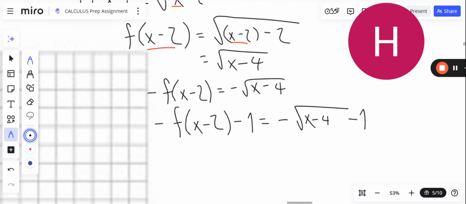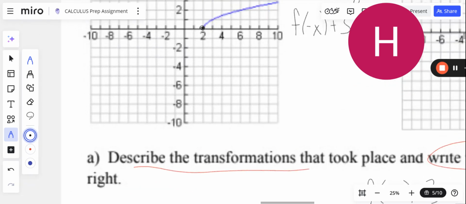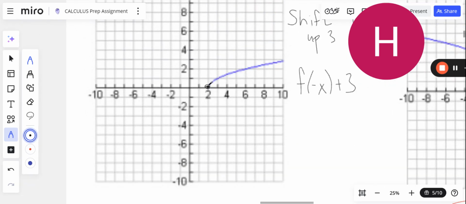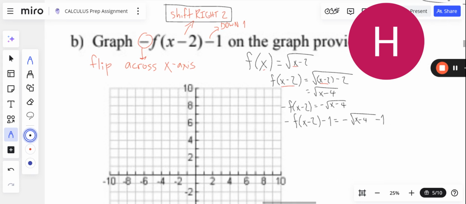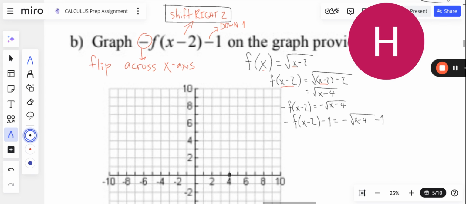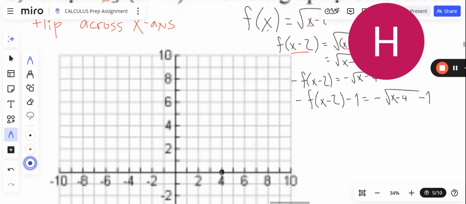So from the normal square root parent function, this is going to be shifted to the right by 4. But since the original function was already shifted to the right by 2, that matches with our transformation of shifting to the right by 2. Because if we already started here shifted by 2, and we start at 4 now, that's like shifting this one by 2.